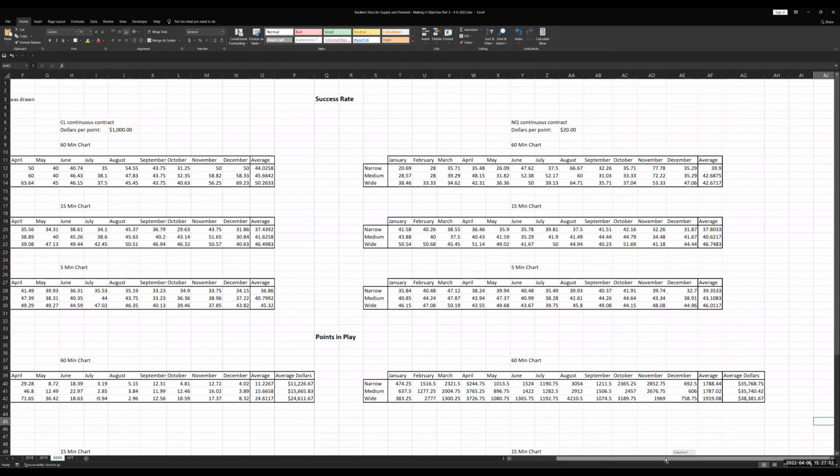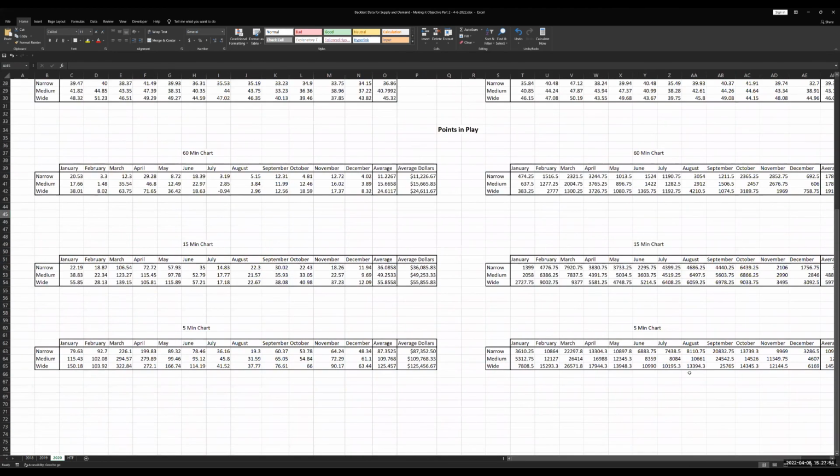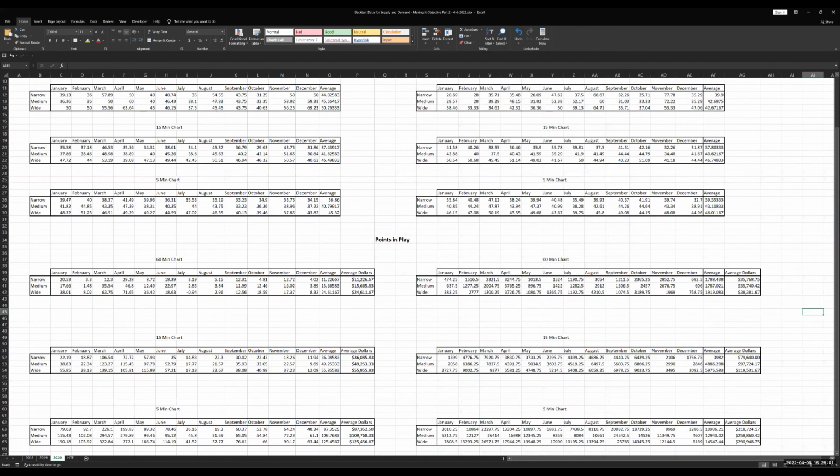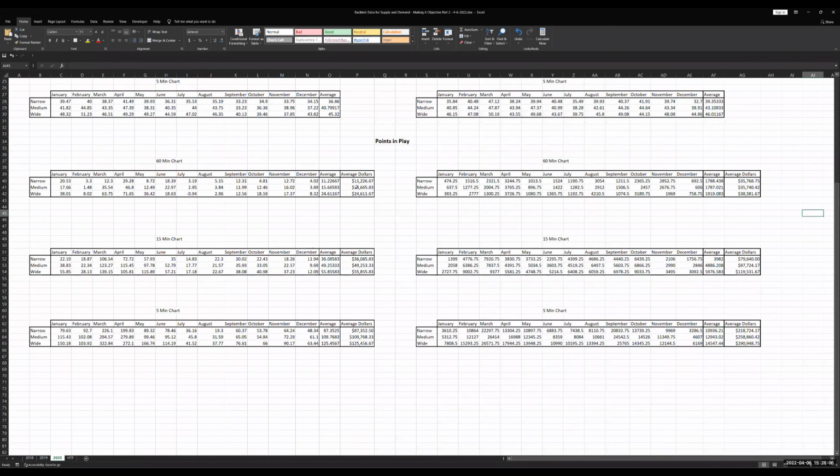If we go to 2020, again, pretty much same relationship. As we go down on interval, the amount of money to be made goes up.